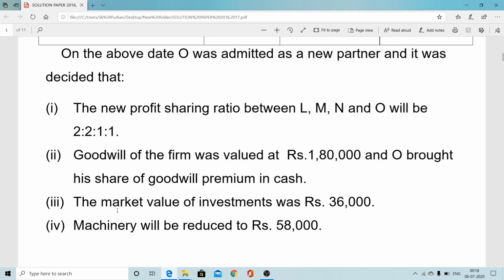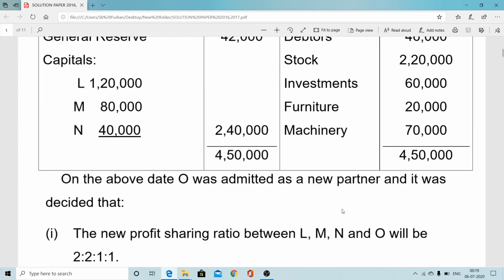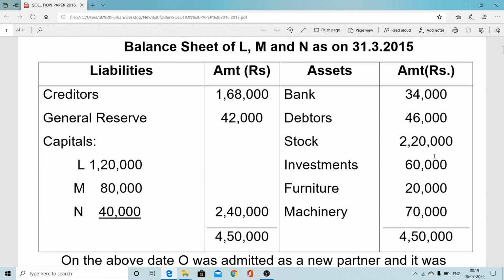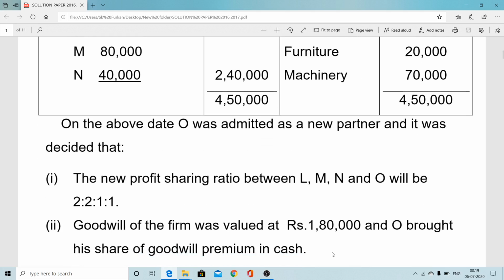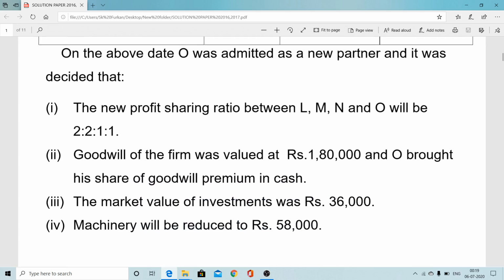Now another adjustment: the market value of investment was rupees 36,000, and the old value was 60,000. So the book value was 60,000 and the market value decreased to 36,000.